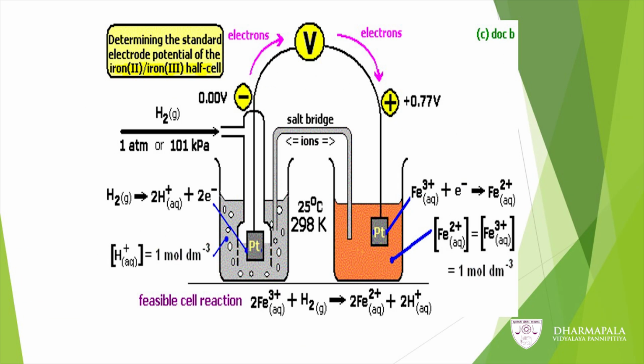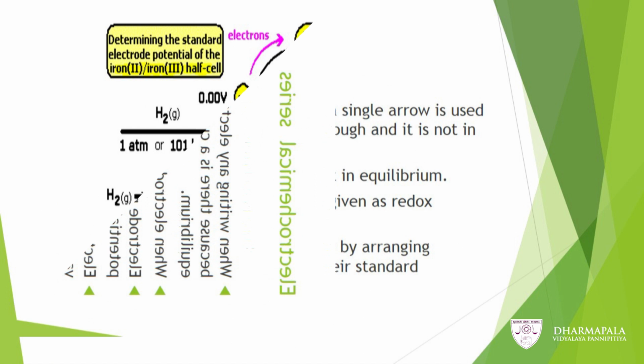In this diagram, you can see how to measure the electrode potential of the redox electrode using the standard hydrogen electrode. So, it is attached to the standard hydrogen electrode. Here the feasible cell reaction is also given: Fe3+ plus H2 gas is converted into Fe2+ plus H+. So, here the balanced equation is given for when the cell is in process.